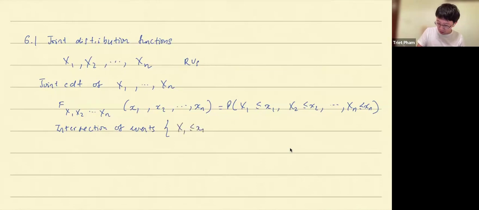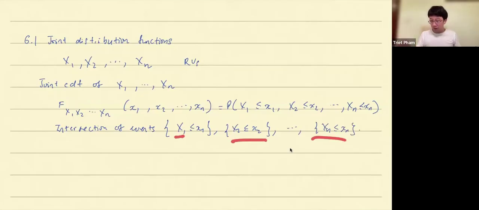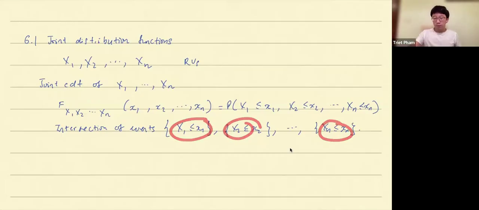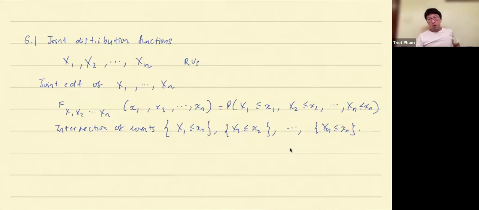X1 less than or equal to x1, X2 less than or equal to x2, Xn less than or equal to xn. That's it. So from the previous chapters, we know what these are from the point of view of random variables. And so they're random events, but they're random events associated with an object being in a range of values.